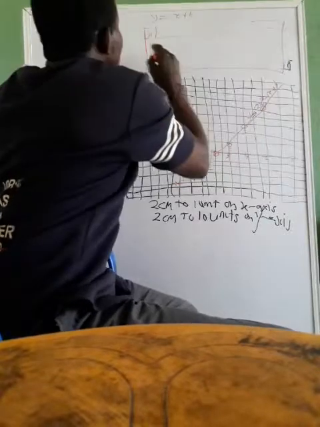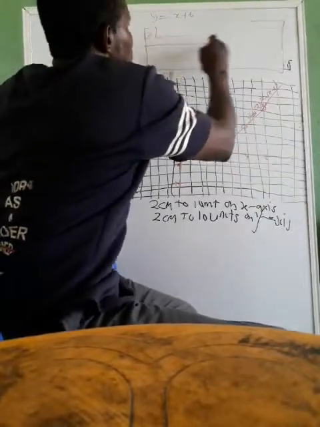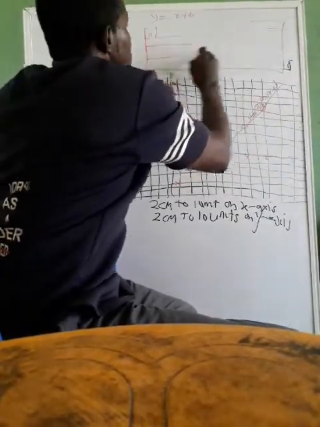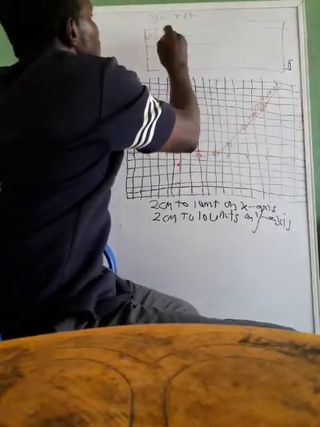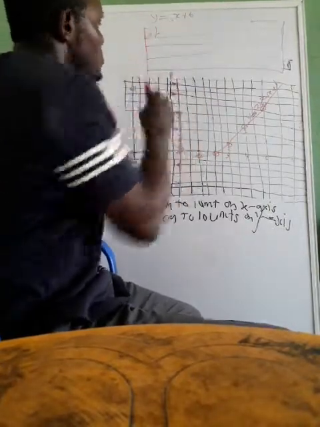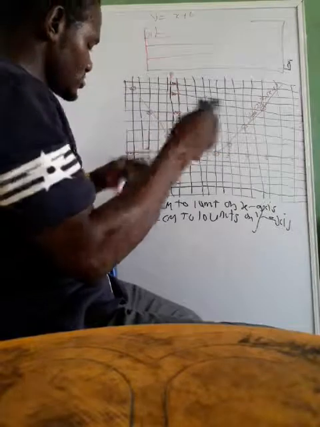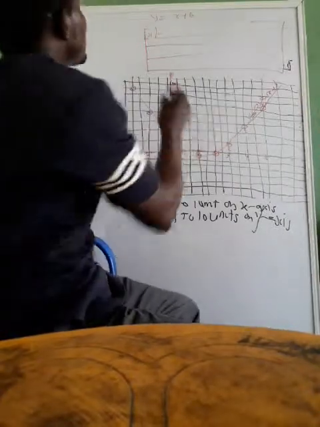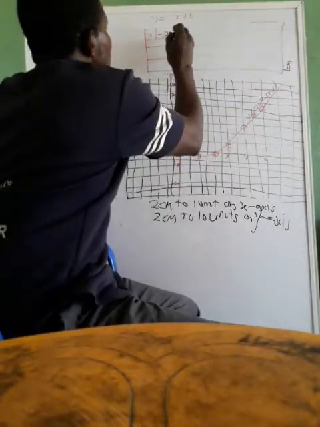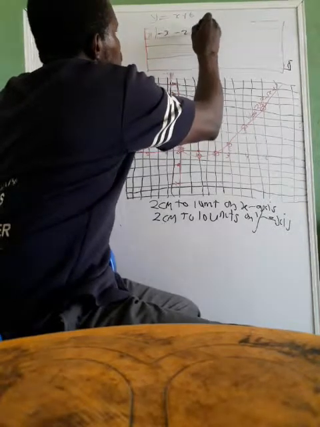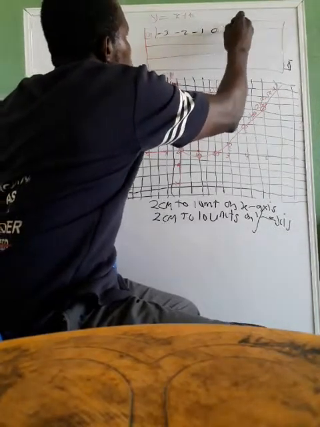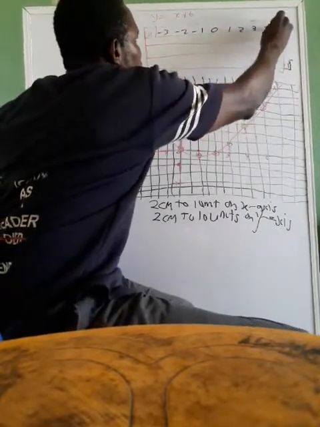So you draw another table. S ranges from minus 3, minus 2, minus 1, 0, 1, 2, 3, 4, 5.